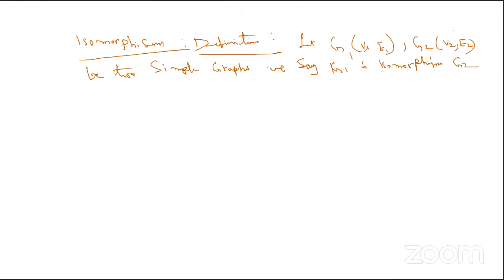If it satisfies one-to-one and onto, and it satisfies the inverse, that is one-to-one and onto inverse, it is called an isomorphism.